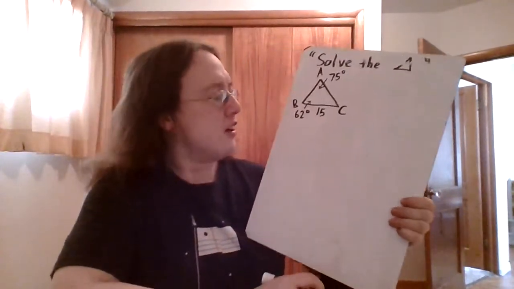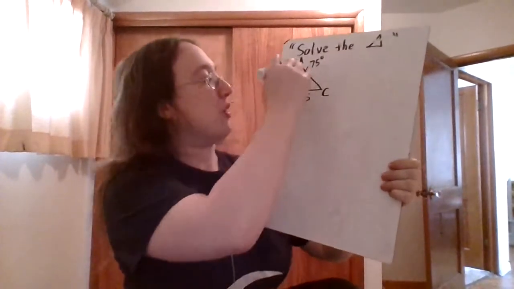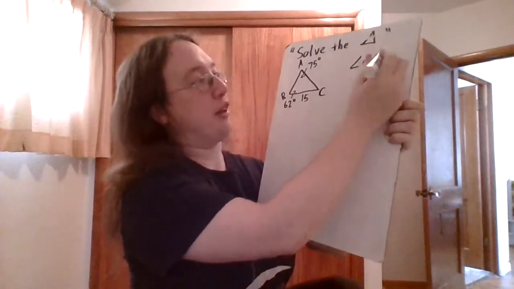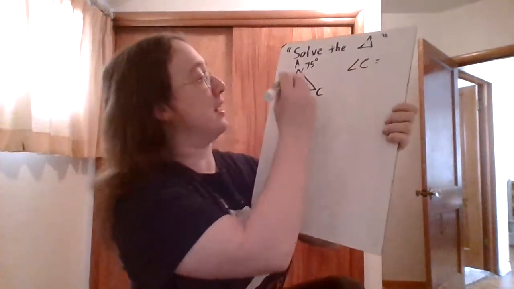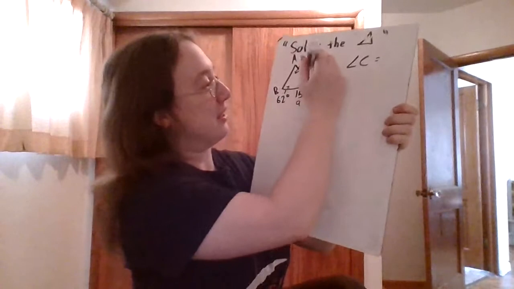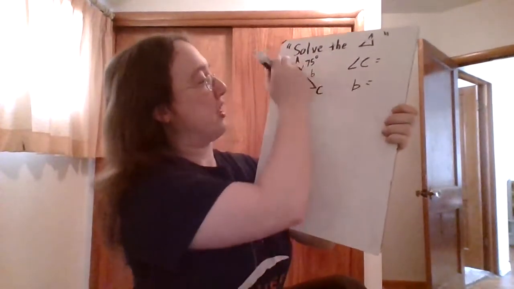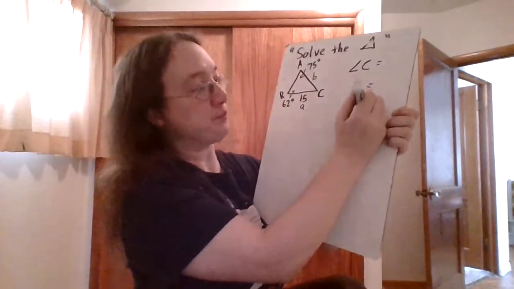Okay, so if we've already got angle A and angle B, we're going to need angle C. So I'm just going to list all the things we're looking for over here. We've already got little a, little b is across from big B, so we're looking for little b. And we're also looking for little c.